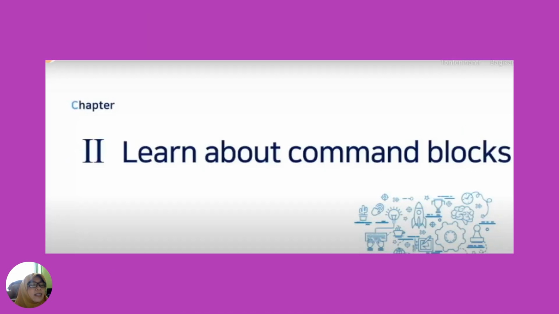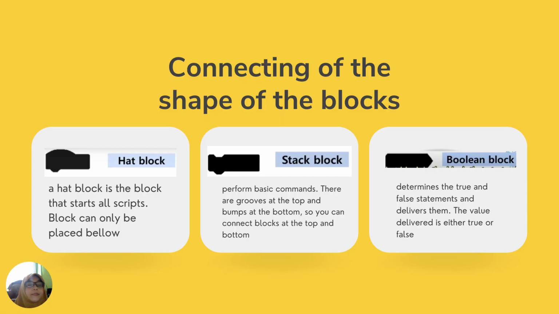Next, let's learn about the command blocks of the Coding School 3 program. As you can see here, connecting to the shape of the blocks allows you to create programs without syntax errors.